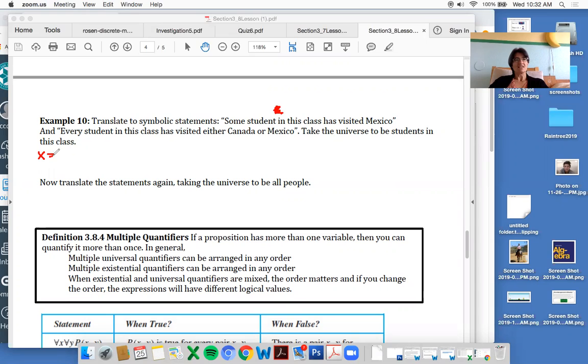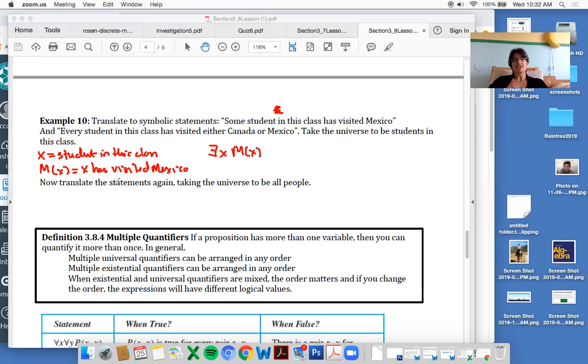X is a student in this class, and M of X is that X has visited Mexico. So you say there exists a student in this class that has visited Mexico. That's the translation there.